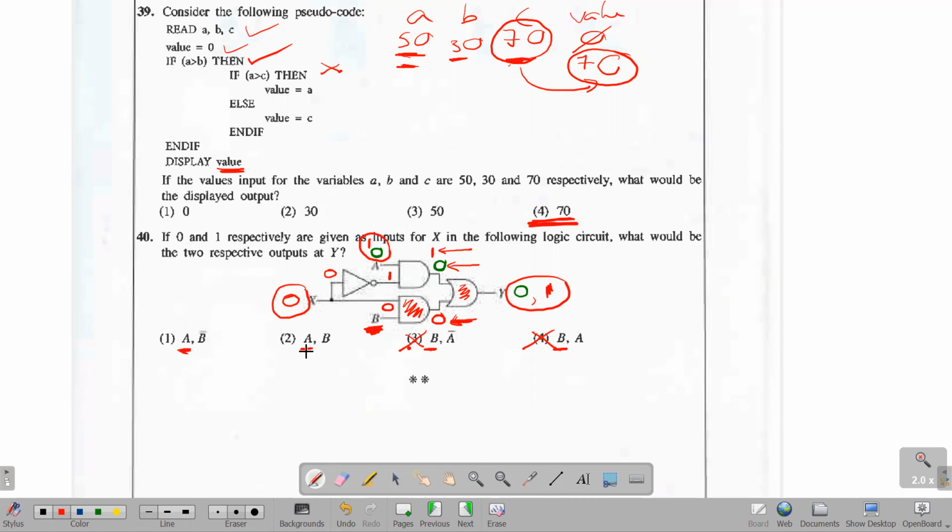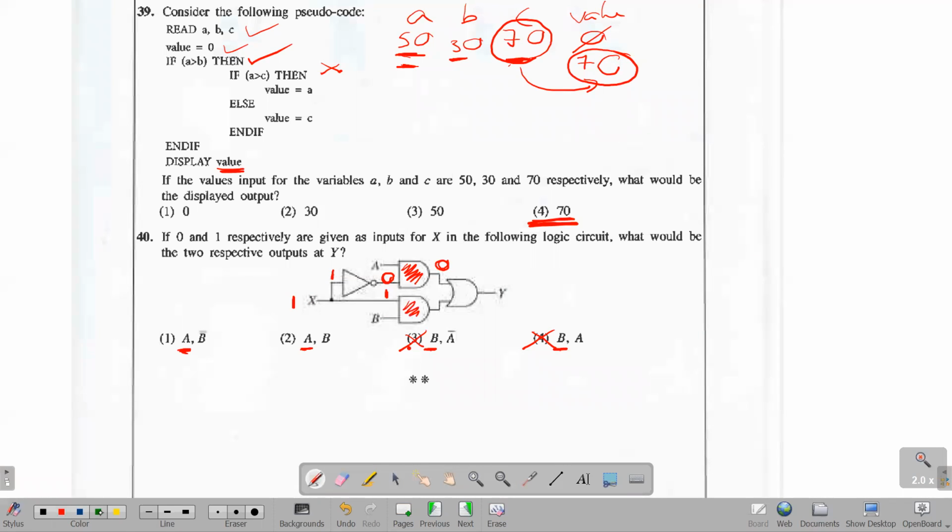Right? So similarly, let's check what happens when 1 is provided with the X. So here I provide 1 for the X. So this becomes 1, this becomes 1 and this provides a 0. So this time, this gate, no problem, it's going to give you a 0. And according to the value of B, decides what will be the output of that.